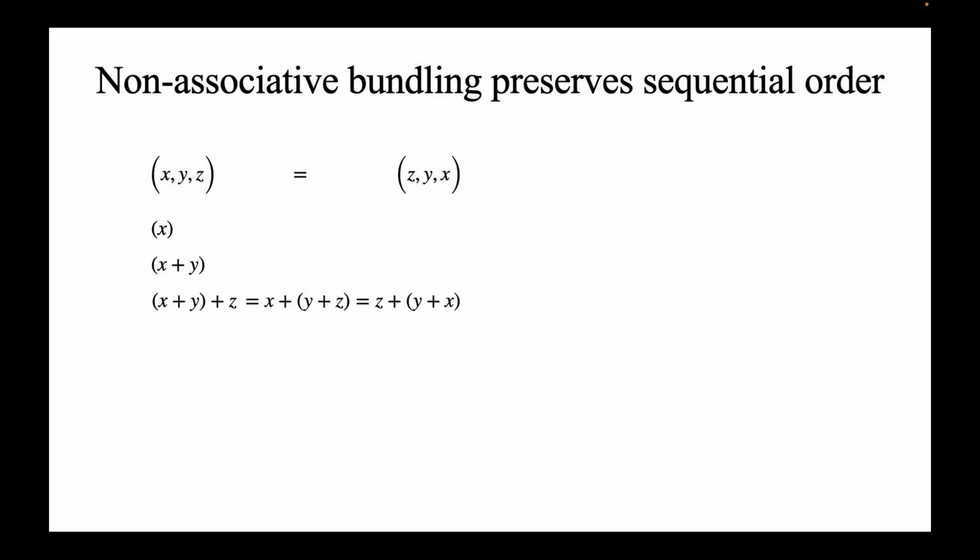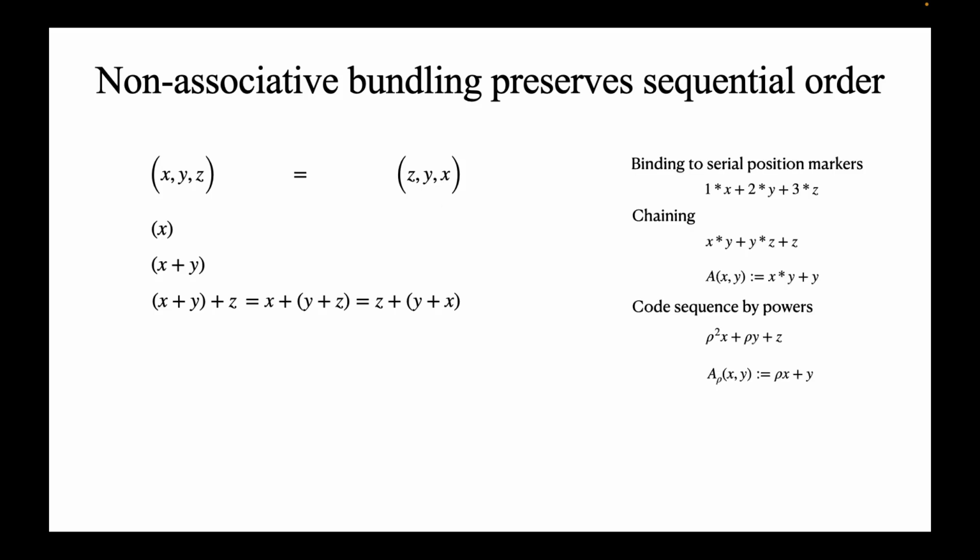Usually, this is done by bundling, and this bundling is a kind of vector addition, and you have, first you read in X, then you have X plus Y, then you have X plus Y plus Z. But because vector addition is associative, this is equal to Z plus Y plus X, and this goes for the sequence Z, Y, X. So both sequences are the same. If you have an associative bundling operation, it will not respect sequence information.